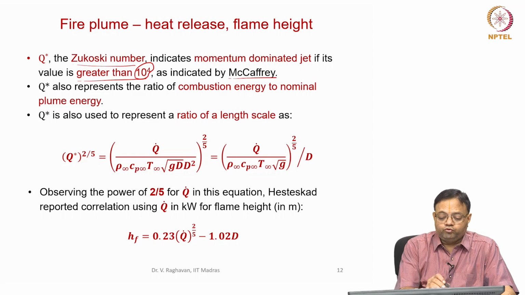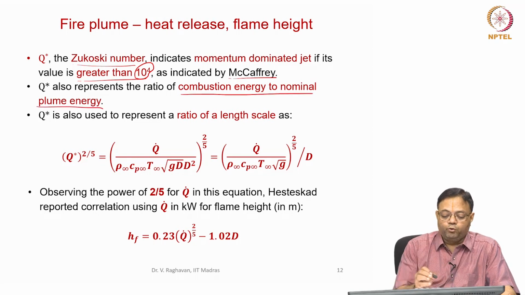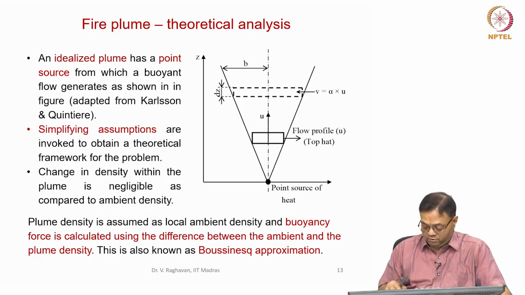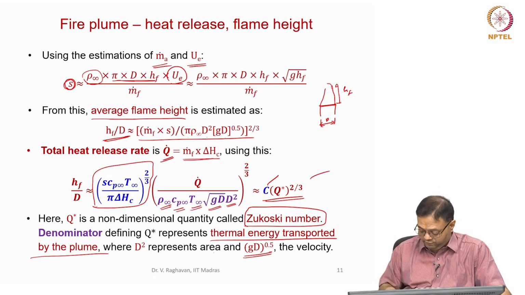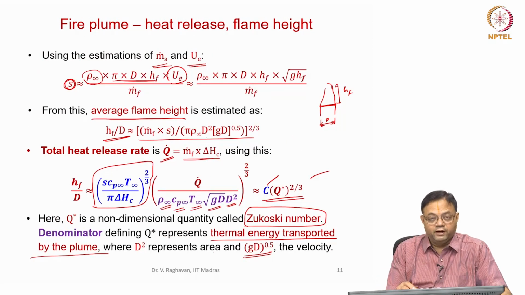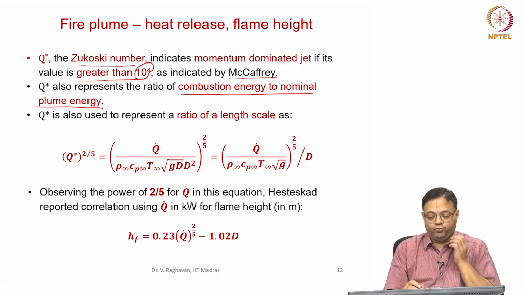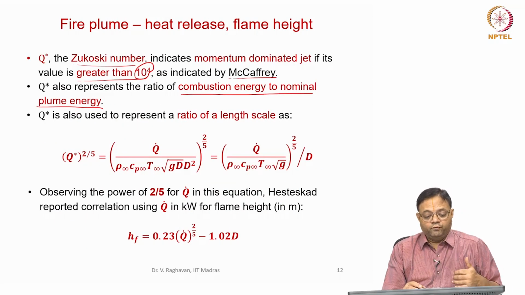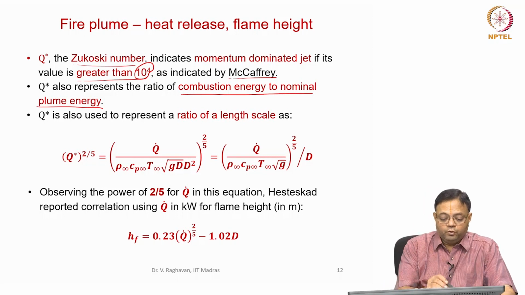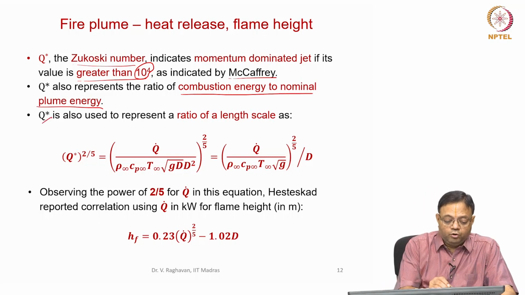Now, q star also represents the ratio of combustion energy to the nominal plume energy, because we are non-dimensionalizing this q dot, the heat release rate, divided by the energy carried by the plume. So this is the ratio. Now, we can also do this.